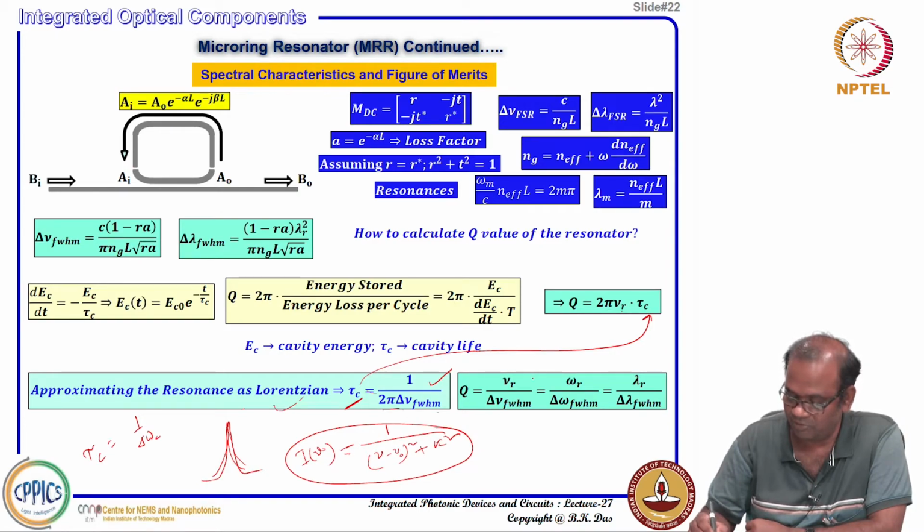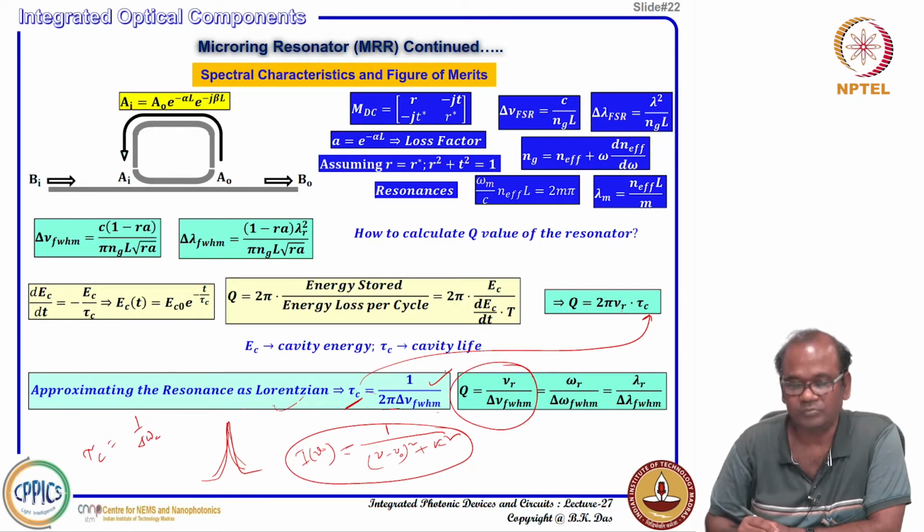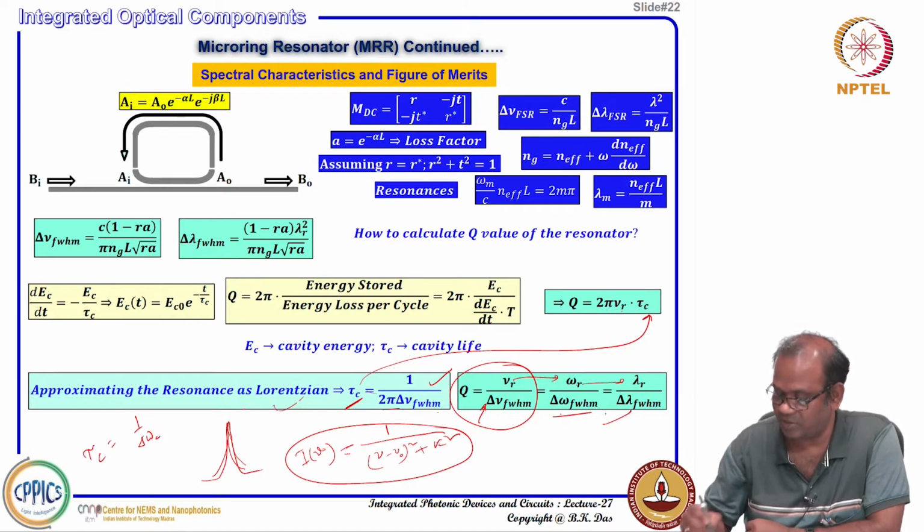So the Q value is the resonant frequency divided by the full width half maximum, the 3 dB frequency bandwidth. nu r can be scaled to omega r by 2 pi and delta nu to delta omega, and omega r can be scaled to lambda r and delta omega to delta lambda. So, lambda r by delta lambda.